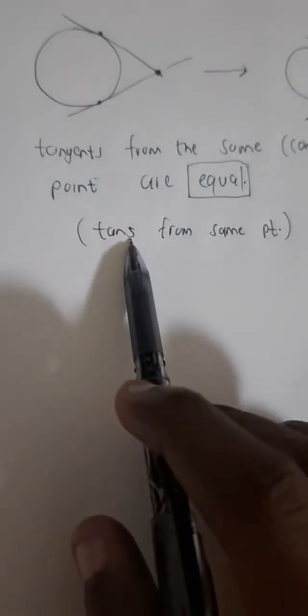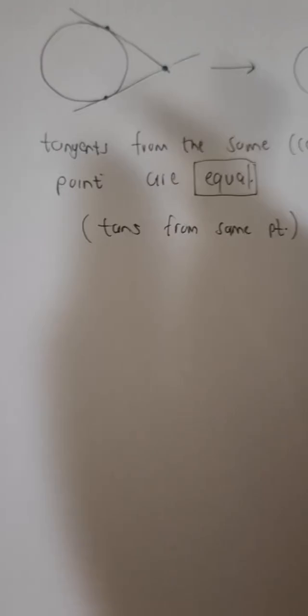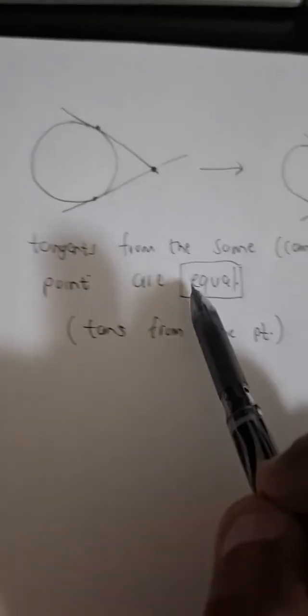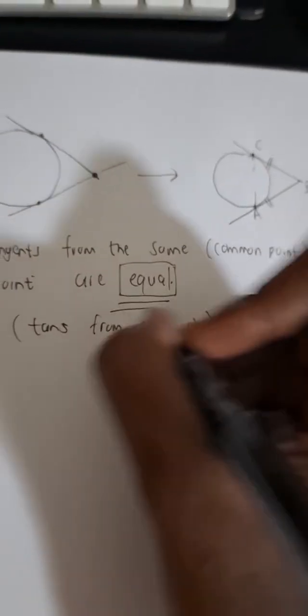So they basically use that, tans, for short, tangents from same point. The theorem simply states tangents from the same point are equal. That's all. So there are three fundamental theorems that we've learned today that have to do with tangents.